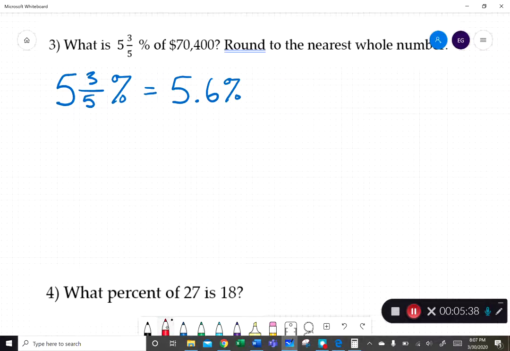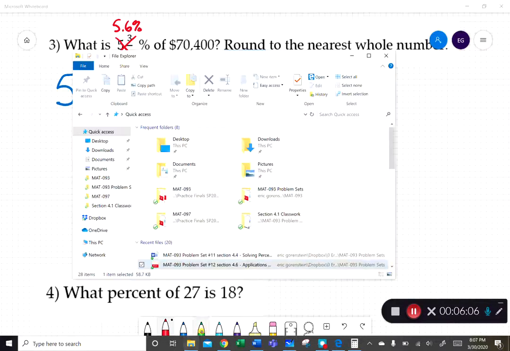So now we could go back to the original problem, and we could just remove that 5 3/5 and call it 5.6%. So yeah, whenever possible, you want to use decimals with percentages. It's just a more convenient way to go back and forth. So what is 5 3/5% of 70,400, or what is 5.6% of 70,400?